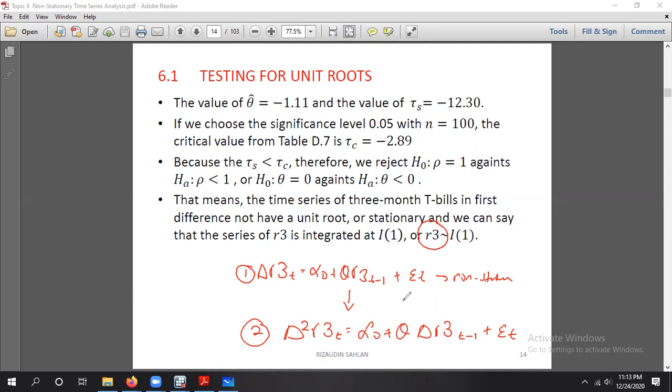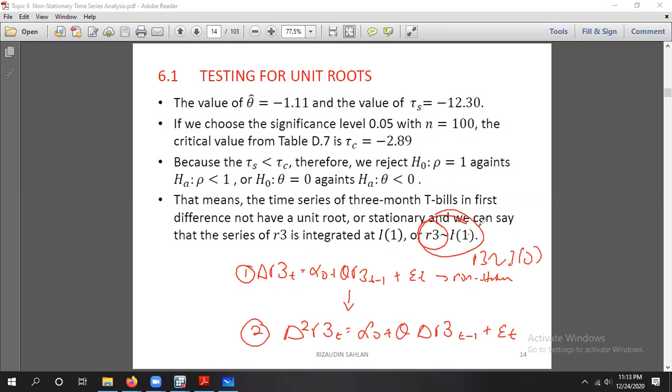So R3 is integrated of order I(1), which means the series is stationary at the first difference. If R3 is I(0), the series is stationary at the level form.